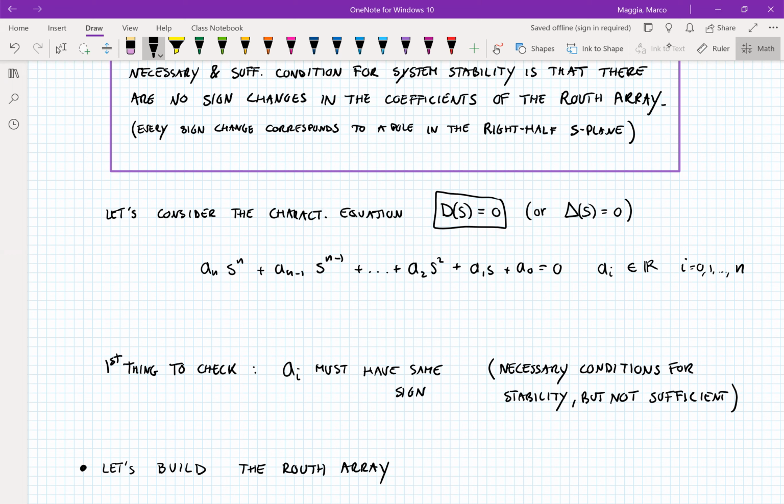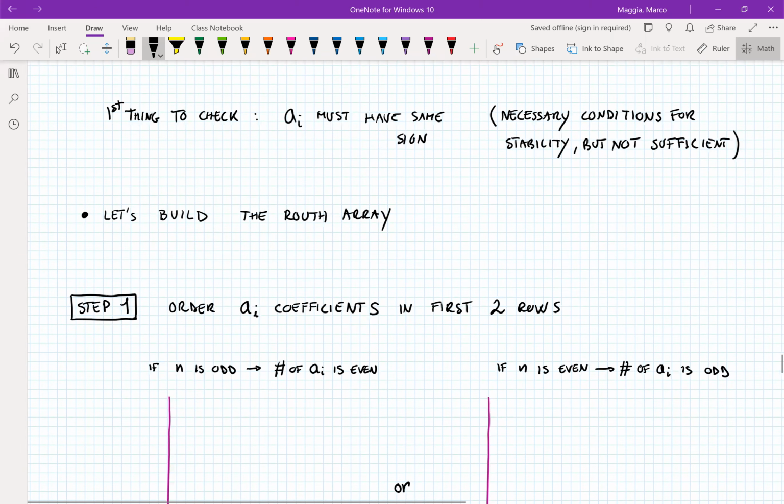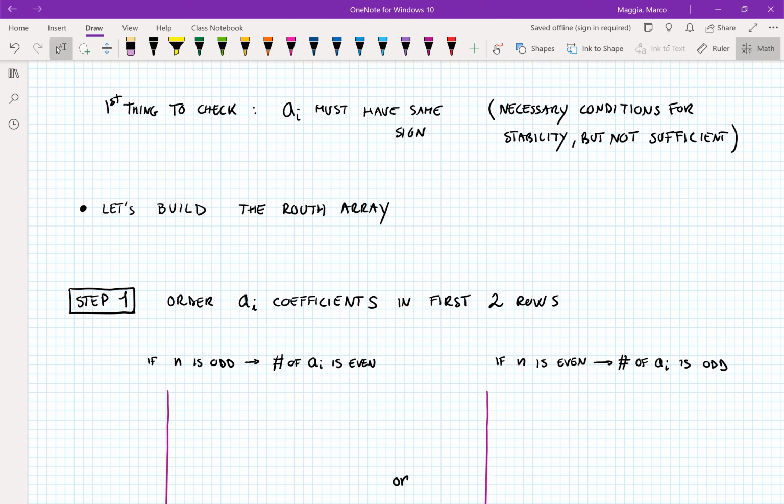So again, this is not necessary and sufficient, but it is necessary. It means that if you already see a sign change, then you already know that the system is not stable. So you don't have to go through all the Routh-Hurwitz criteria, because it can get a little bit time consuming.